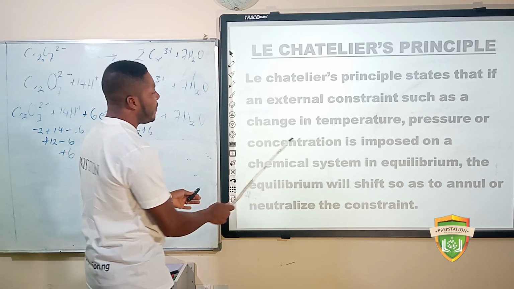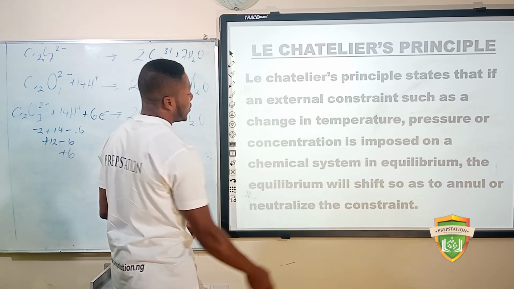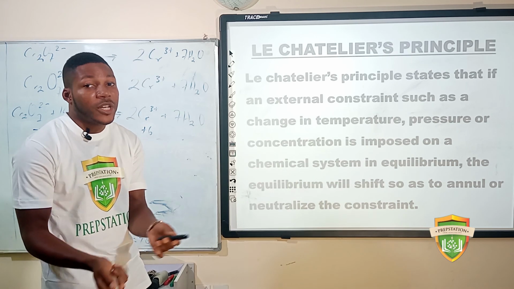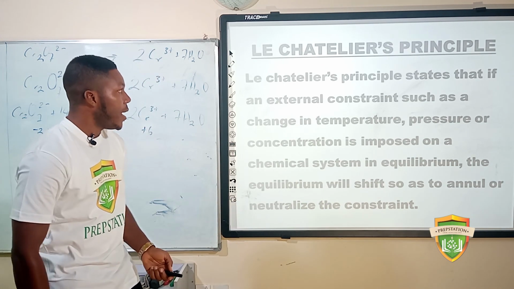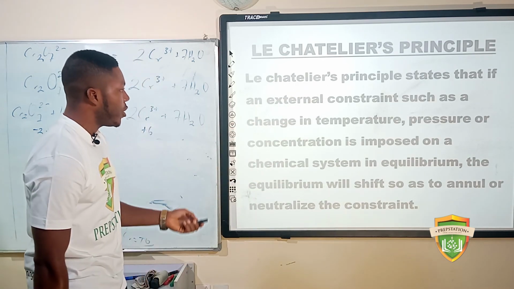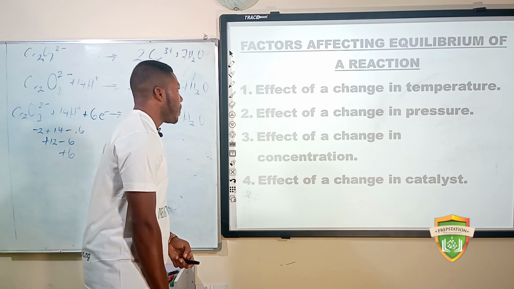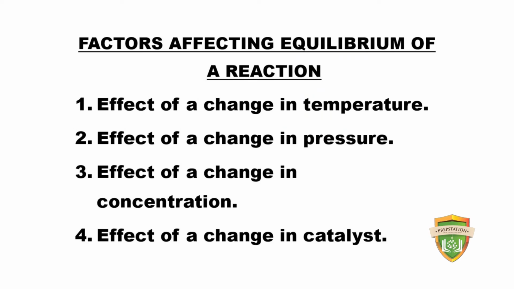So these are the factors, temperature, pressure, and concentration, that most times cause some changes in an equilibrium system. And this was what this man, Le Chatelier, was trying to prove. Now, these are the factors that affect equilibrium. First, effects of a change in temperature, effects of a change in pressure, effects of a change in concentration, effects of a change in the catalyst.